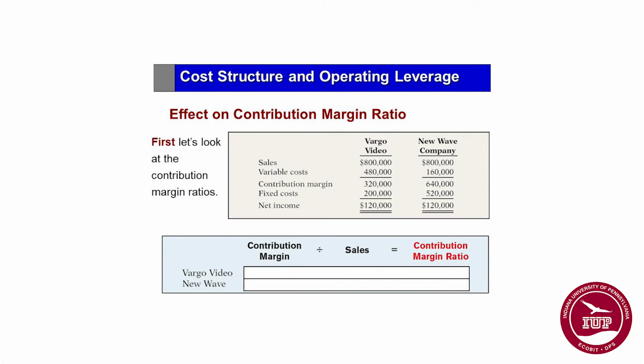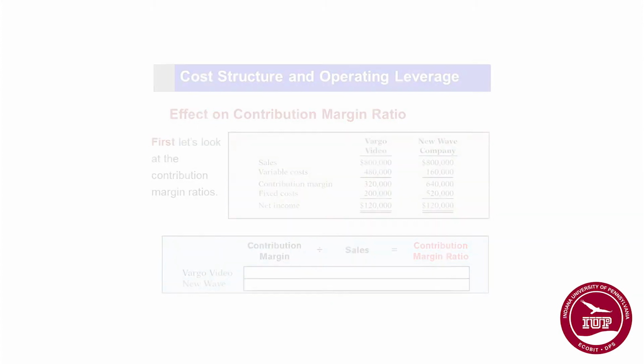If you look at the contribution margin ratio, Vargo Video has a contribution margin ratio of 40% versus 80% for New Wave, because their variable cost was lower. So it is contributing more per unit for New Wave as opposed to Vargo Video. For every dollar of sales, at New Wave you're getting a contribution margin of 80 cents versus 40 cents.